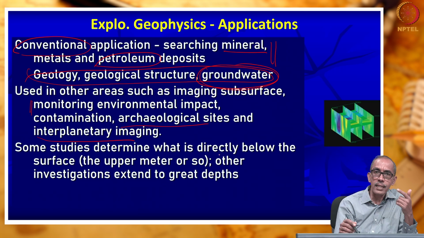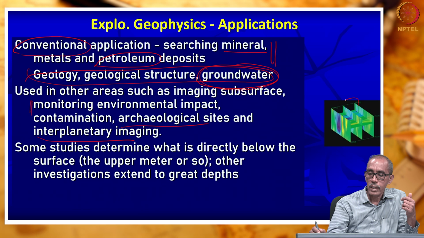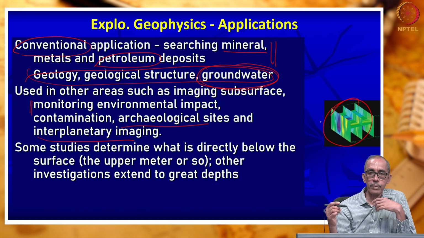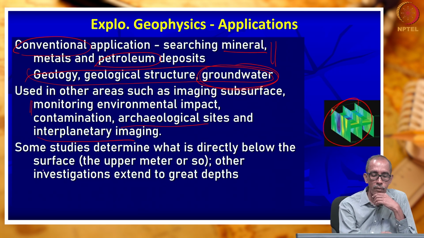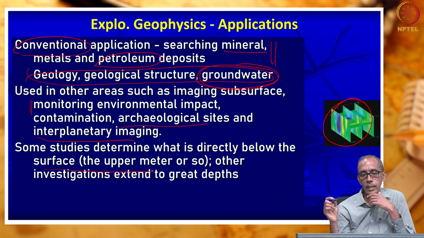And as I have been telling, we get the image of the subsurface as you see in this diagram, right? Once you have the image, you can play with that to come out with sections in different directions as you need. So it has provided a way to understand what is present below the surface of the earth.